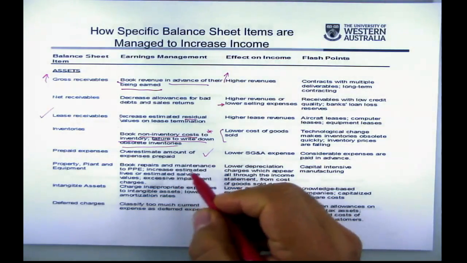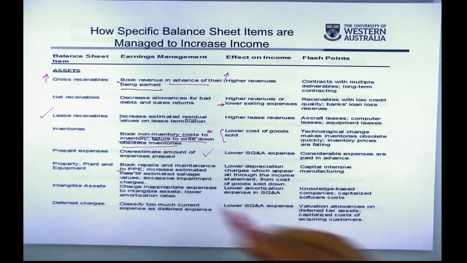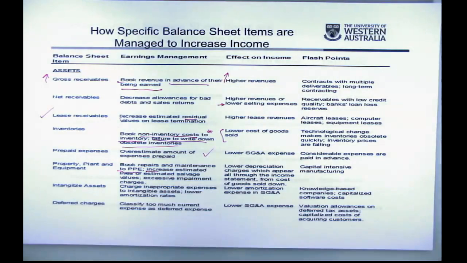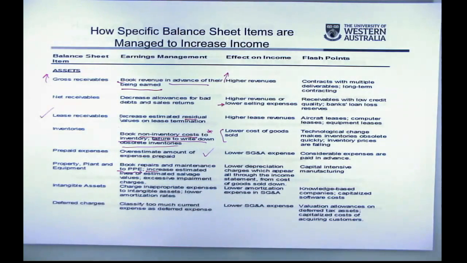Book repairs and maintenance to property, plant, and equipment. That will reduce this year's expenses, but it will increase next year's depreciation. Alternatively, firms can reduce future depreciation. This one will improve earnings for this year, but it will increase depreciation for next year.